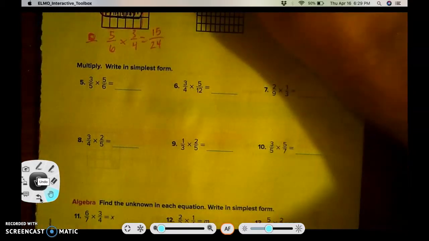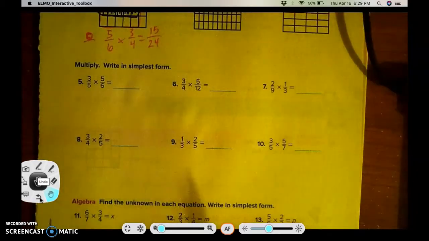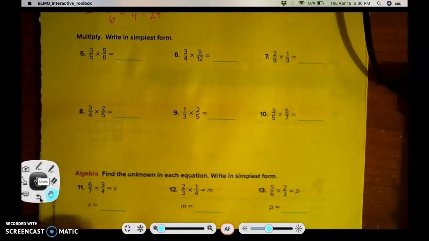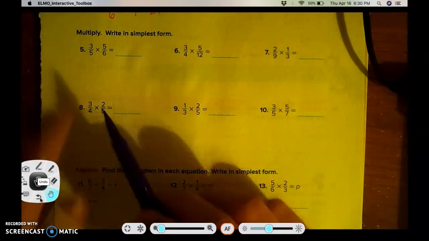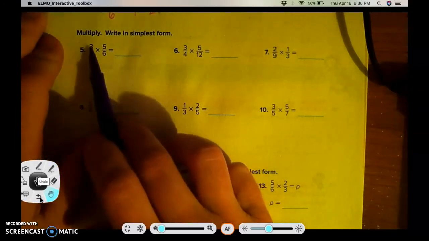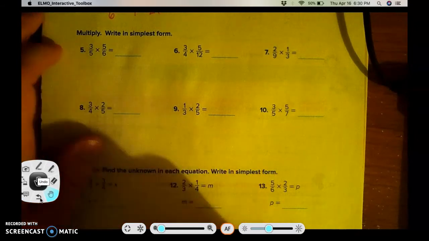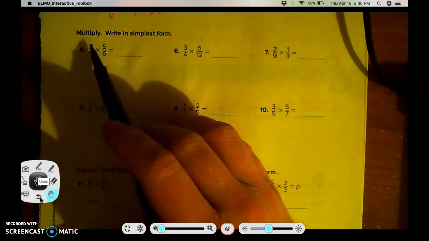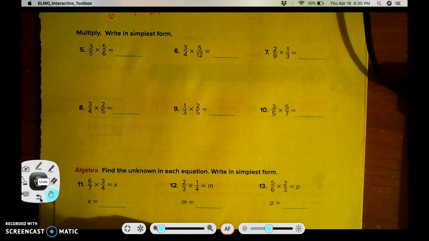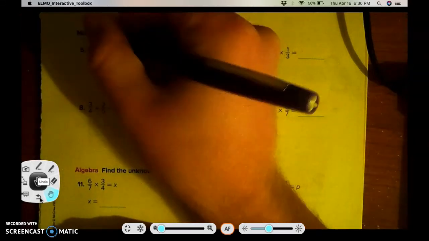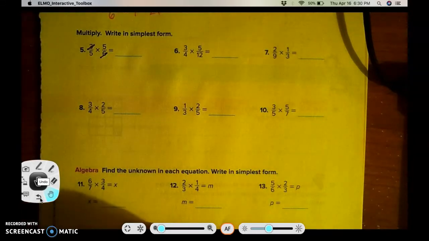I'll do one more, and this time I'll simplify first like they showed you, because sometimes it's easier than finding the greatest common factor after. So 3/5 times 5/6. I look at these numbers here. Are there any that have common factors? Yes. Top and bottom we have 3 and 6. So I'm going to divide both of those by 3 because they have a common factor of 3.